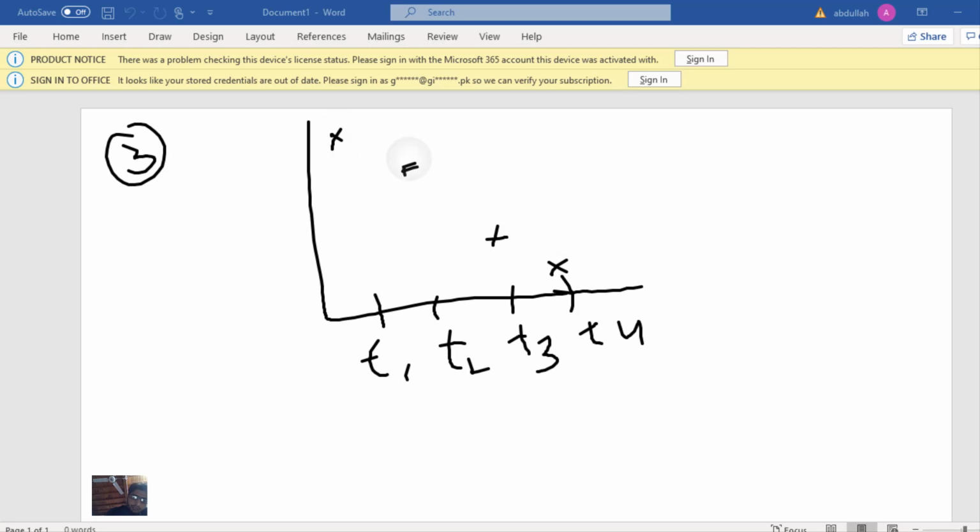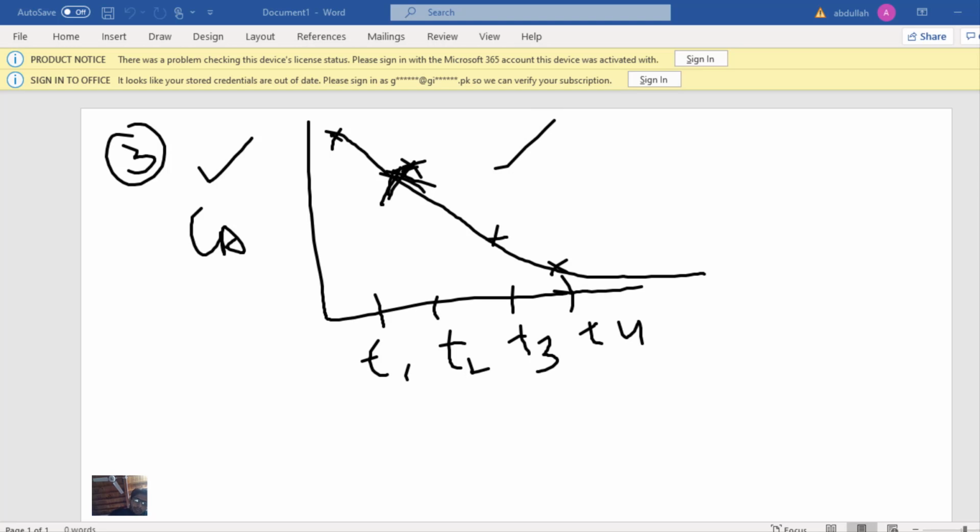These were the concentrations at various times, and we plot them on the graph. This was done in the second step.